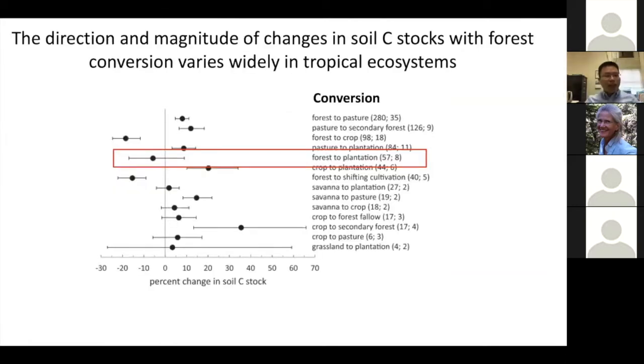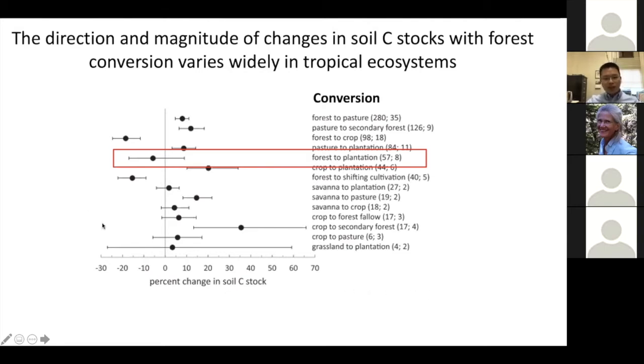Another uncertainty in carbon sequestration in the tropics is from SOC change after forest conversion. As we know, SOC change after forest conversion is the second largest carbon source to the atmosphere, and most forest conversion happens in the tropics and subtropics. And here is the meta-analysis from the tropical forest.